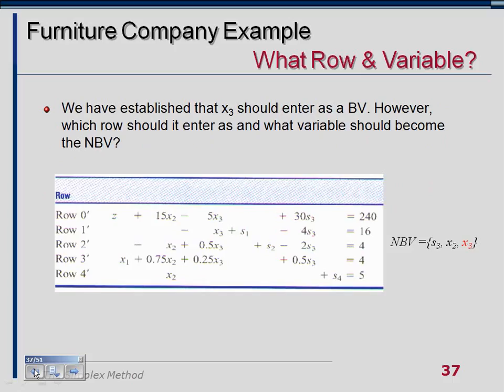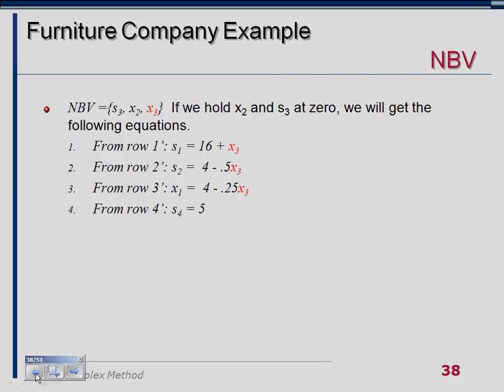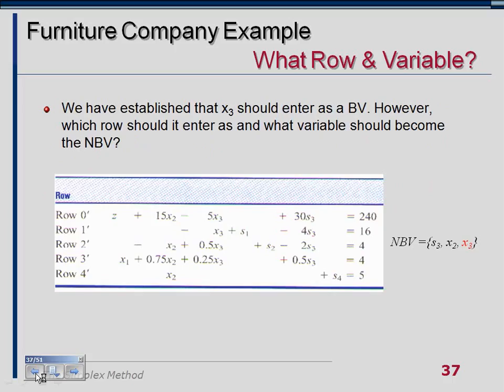So if we plug in our non-basic variables, this guy's going to cancel out, right? This guy's going to cancel out. This guy's going to cancel out. This guy is going to cancel out.